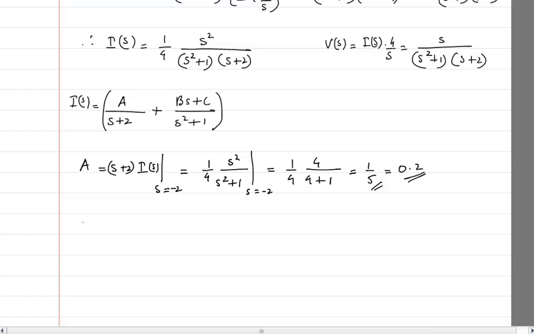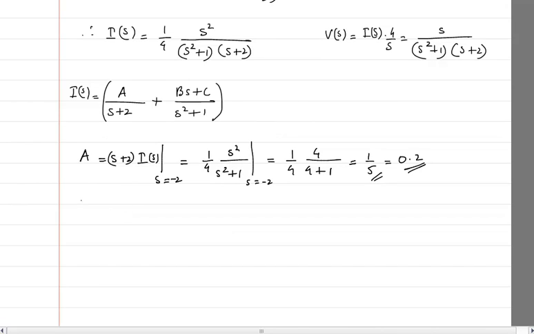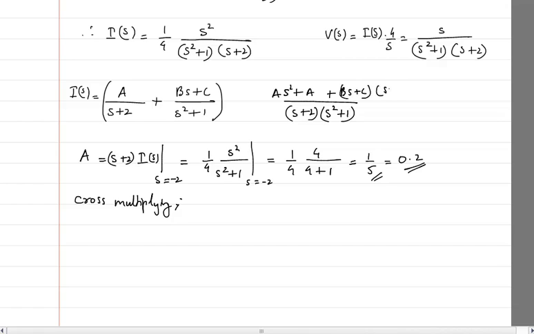Next, I have to find out the value of b and c. So cross multiplying, if I multiply these two, I will get in the denominator s plus 2 into s square plus 1, correct? Whereas the numerator will be a s square plus a plus bs plus c into s plus 2.